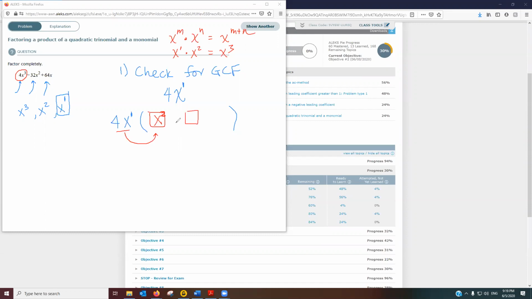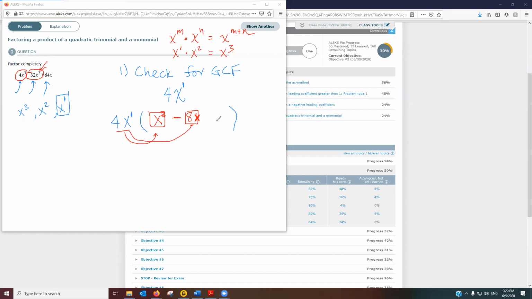All right, let me come to the next box. I need 4x to multiply some quantity and result in negative 32x squared. Well, if I put a negative 8 here, 4 times negative 8 would get me back to that negative 32 part. And I also need an x, so that x times x gets me back to that x squared.